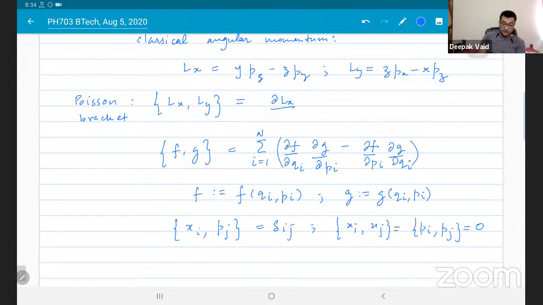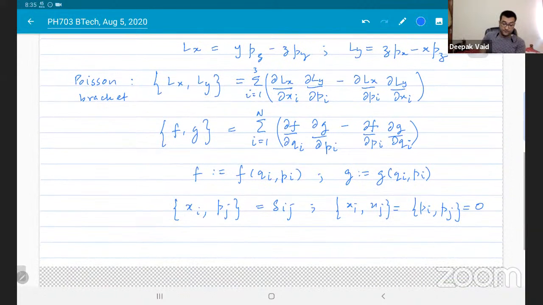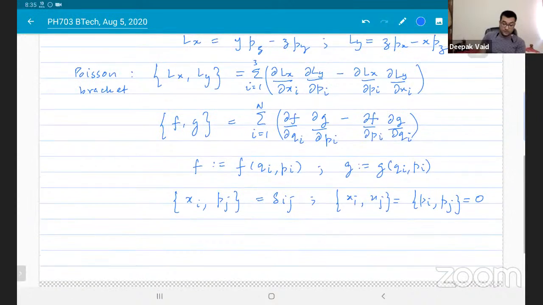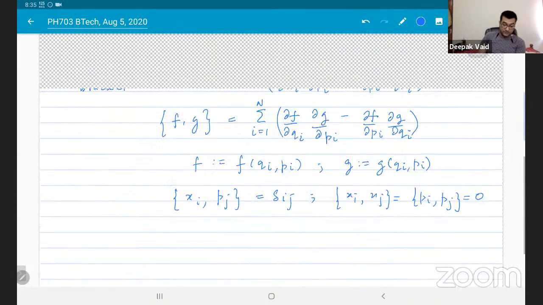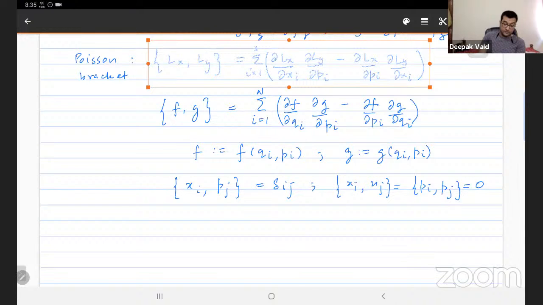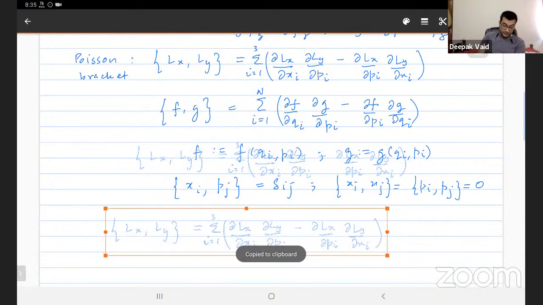It would be the sum over i from 1 to 3 of dLx by dxi times dLy by dpi, minus dLx by dpi times dLy by dxi. Okay. So now I can work this out. Let me work it out.